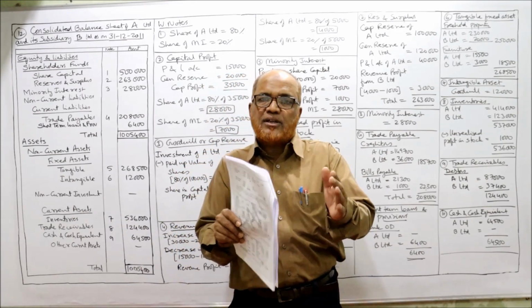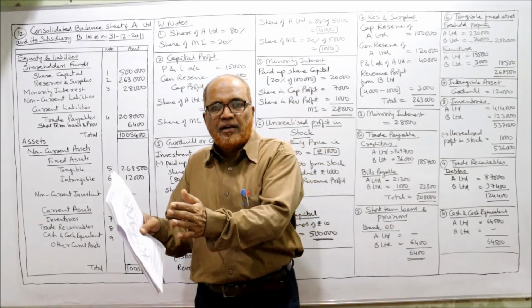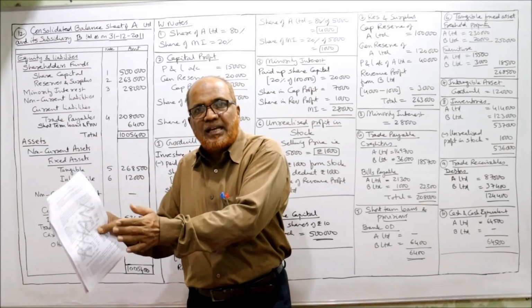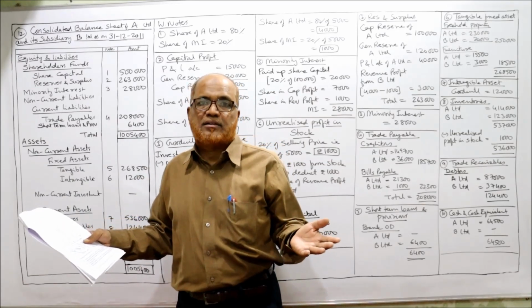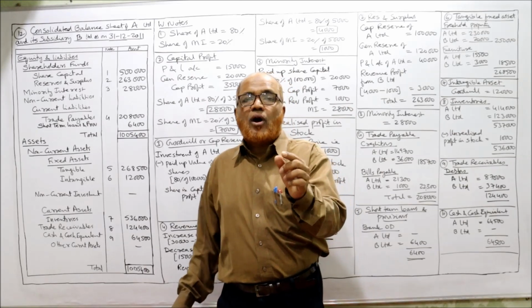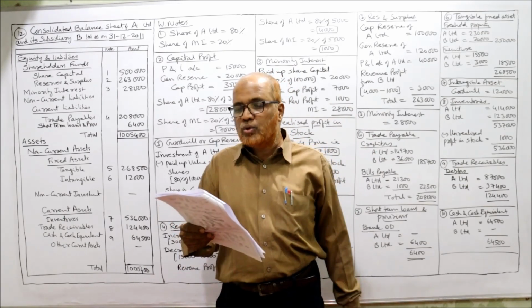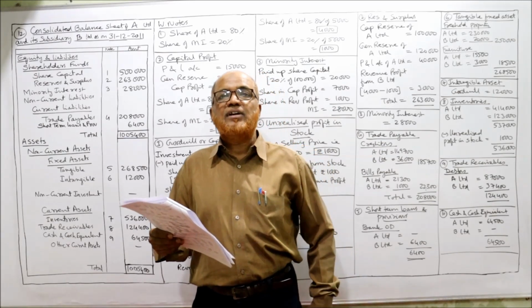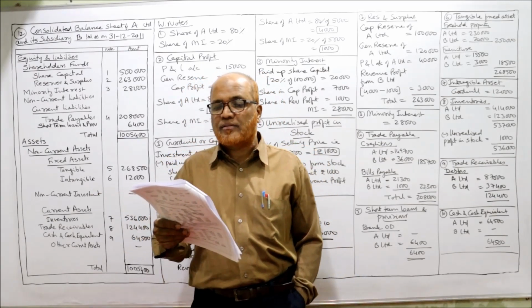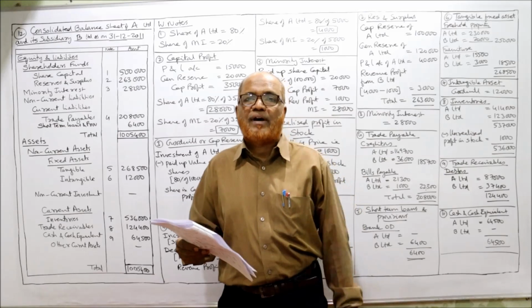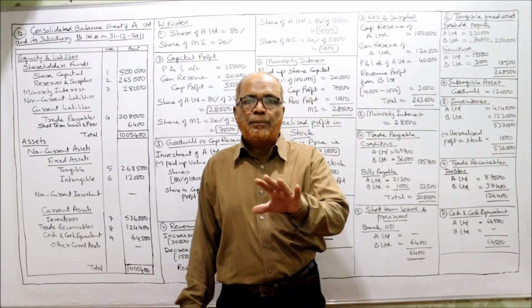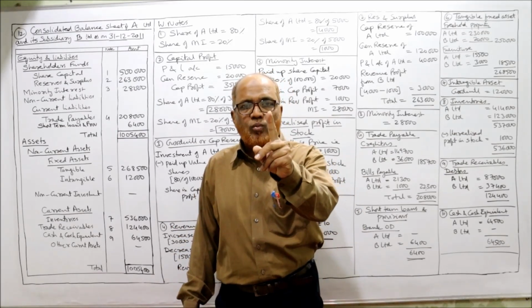That means B Limited sold the goods to A Limited, and the goods are still in A Limited's godown. A Limited has not sold them. So we have to find out how much profit B Limited has earned on this 5,000 rupees. The profit is 20% on selling price. So 20% of 5,000 comes to 1,000.